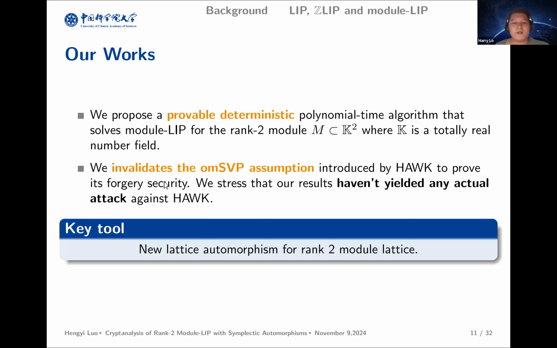Second, our work invalidates the almost-SVP assumption used by Hawk to argue its forgery security. Importantly, we stress that our results do not yield any extra attack against Hawk. The key to our approach is a new lattice automorphism for rank 2 module lattices.